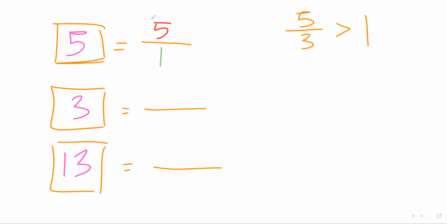So let's think about this checklist. First of all, the 5 is bigger than 1, so the numerator is bigger than the denominator. That checks off the whole concept of a fraction larger than 1. So that works, and we need that because we're looking for 5.